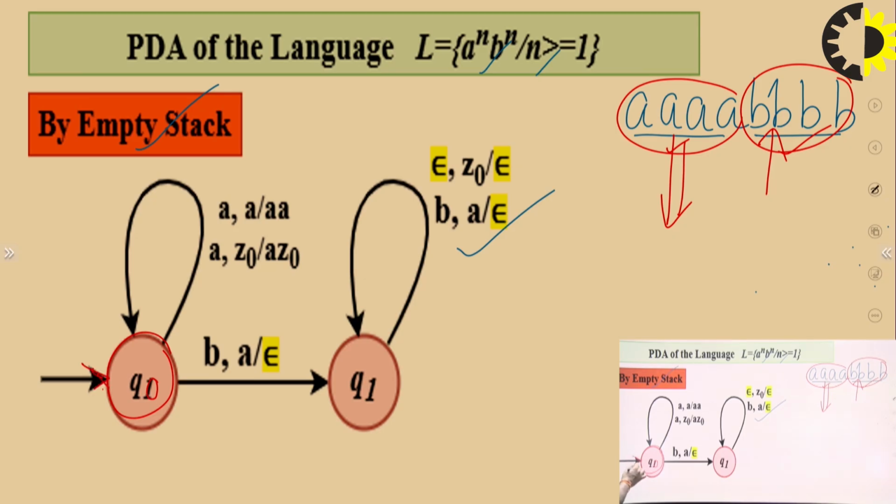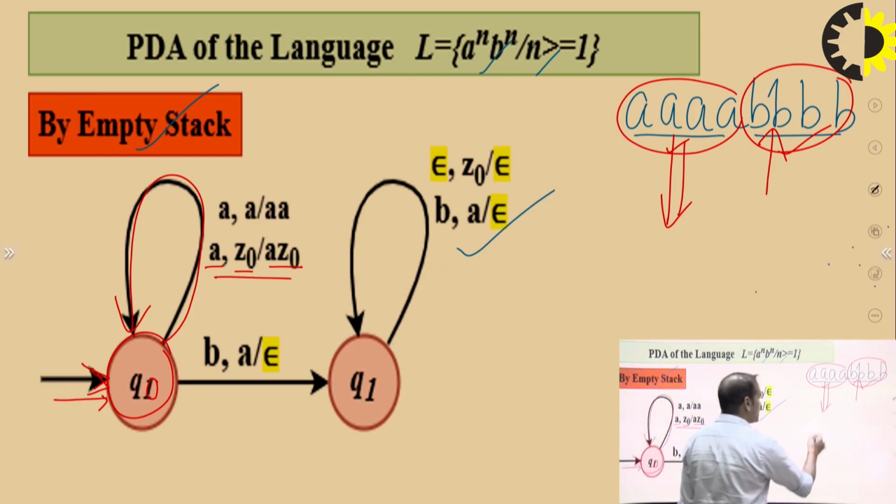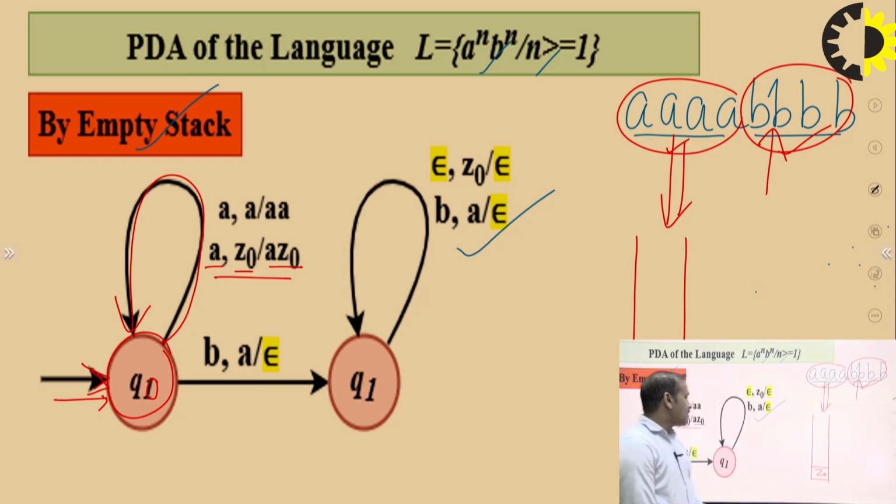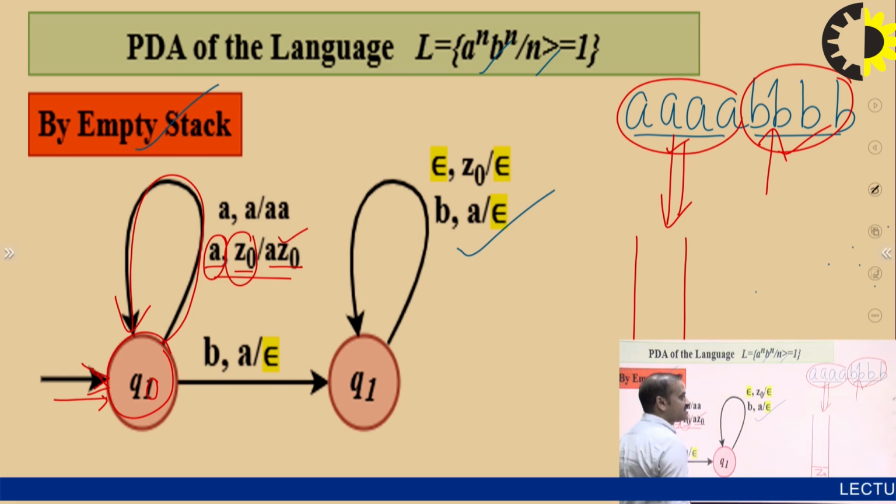A self loop, that is A, Z naught, is used to push the first symbol inside the stack. After executing this statement, we write like this. This is the initial condition. The bottom symbol is Z naught. Whenever input is A and top of the stack is Z naught, we have to push A inside the stack.